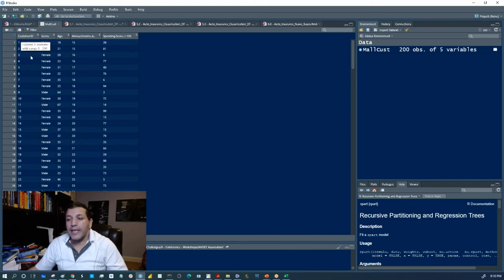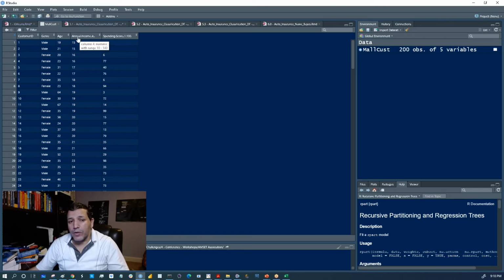It knows the index. So customer ID is stored in index number 1. Gender is in index number 2. Age is index number 3. Annual income is index number 4. Spending is index number 5. So we want the annual income and spending. So we are going to tell it, please give us only index what?